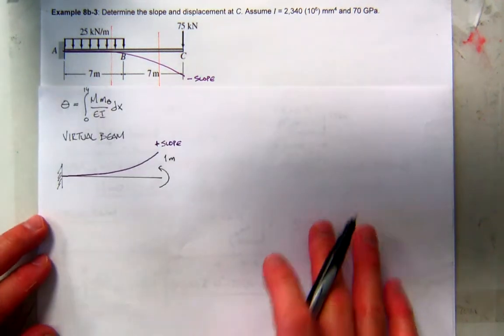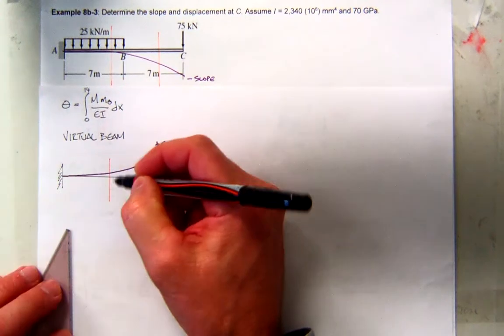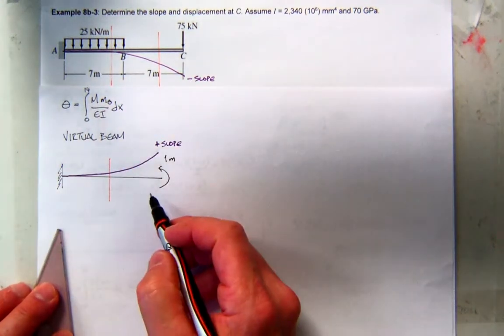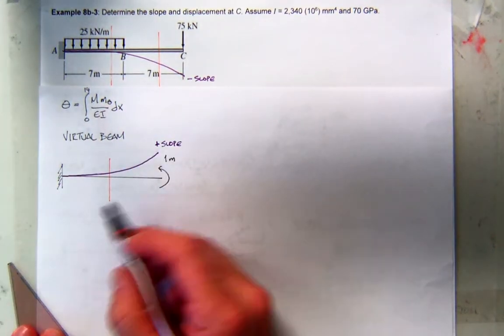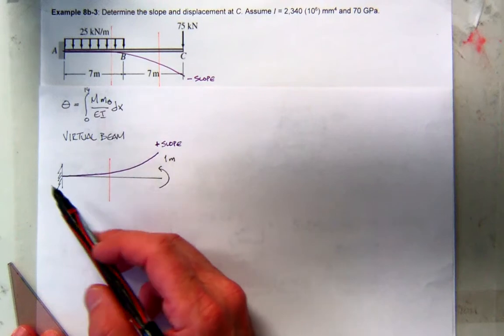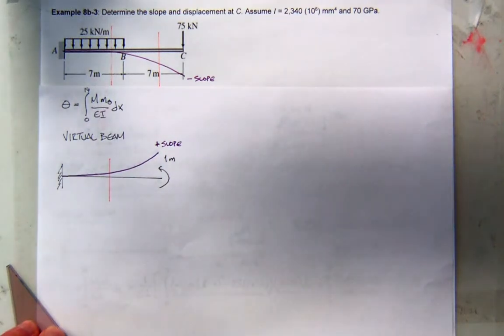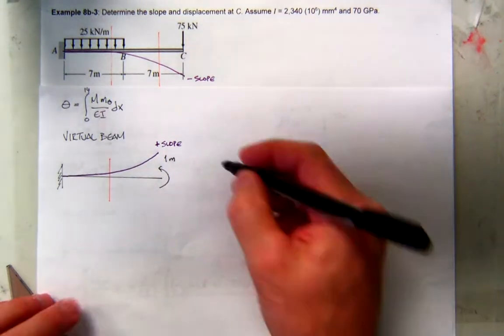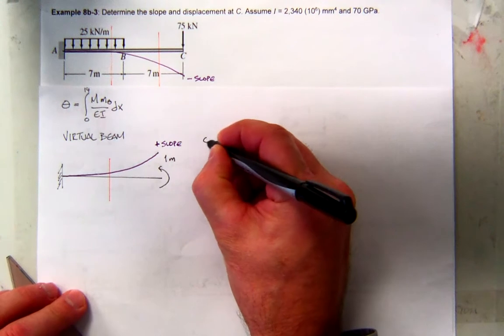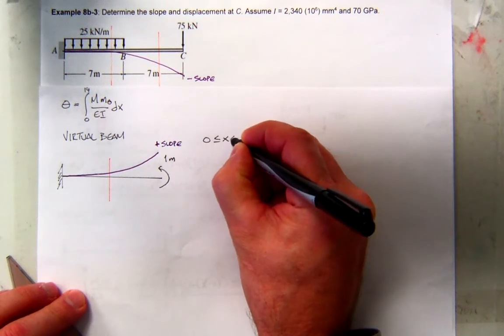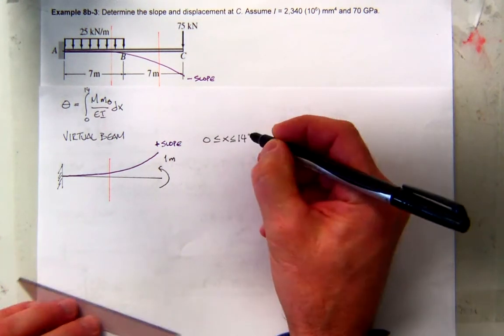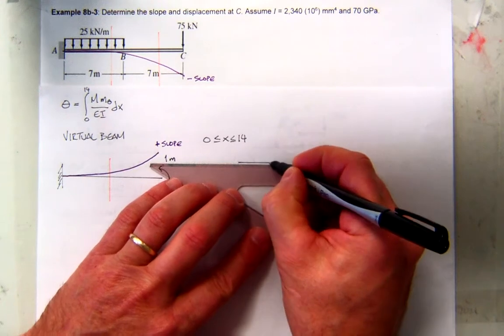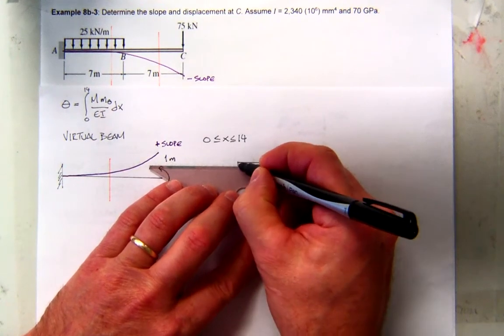So what are the moments in this beam? So again, I'm going to cut the structure. You want to work the left side or the right side? Right side. If you work the left side, you're going to have to come over here and find all these reactions. So let's go right. We'll also only need one expression. So this will be valid over the whole length, 0 to 14. And my structure will look like this.